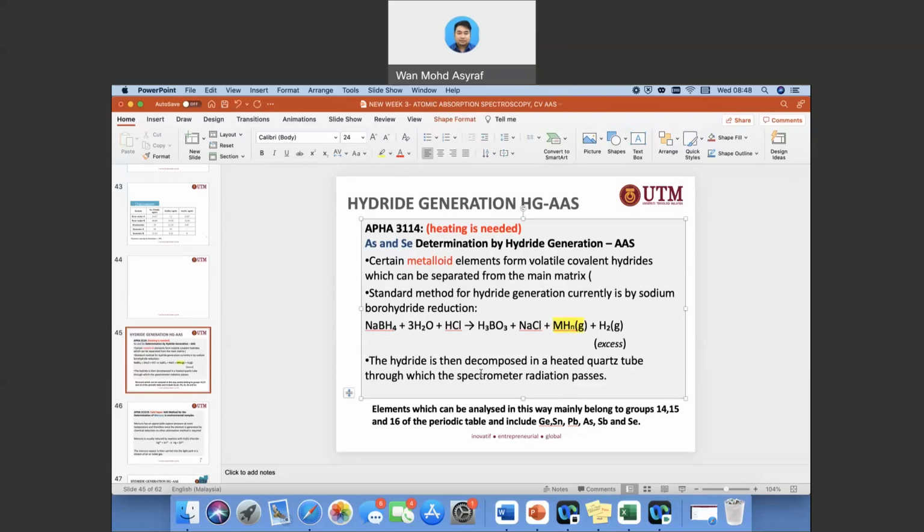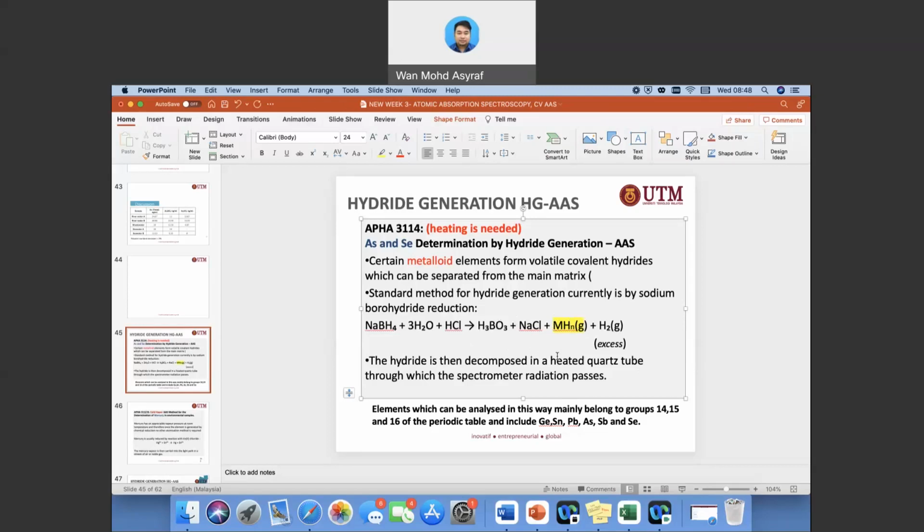The hydride is then decomposed in a heated quartz tube through which the spectrometer radiation passes. When we mix the sodium borohydride with your metal, it forms a metal hydride. Then the hydride moves onto the quartz tube, where it decomposes to become atoms. At this place in the quartz tube, the radiation comes in.